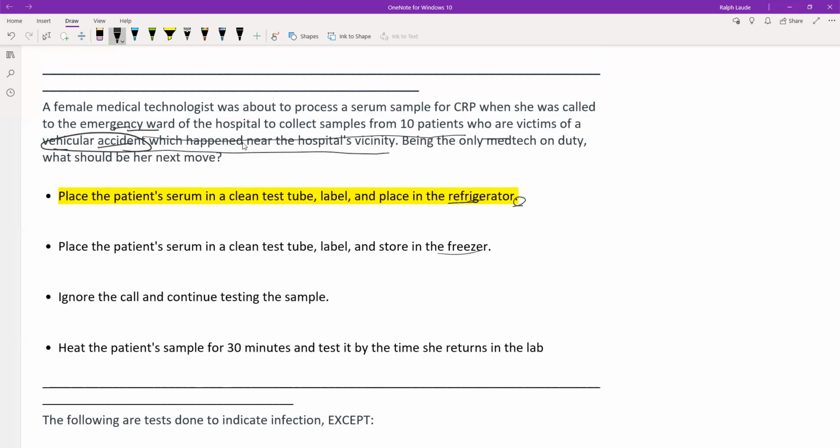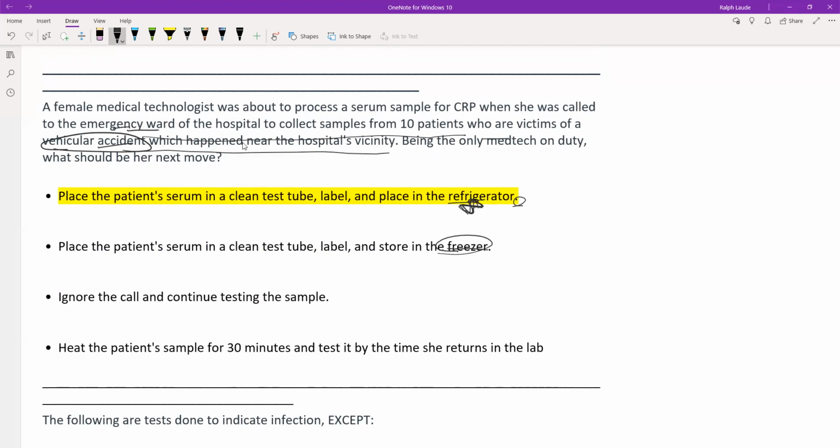Kasi pag i-freeze natin, usually it will take kung the processing would be delayed for more than 24 hours. And remember, ang maganda kasi sa refrigeration, once ma-thaw mo siya, I think pwede mo pa siya ma-ref ulit.